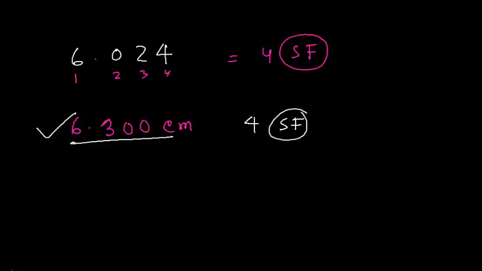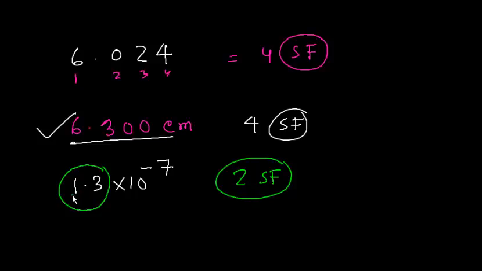Now let me give one more example. Suppose there is a power here, say 1.3 into 10 raised to the power minus 7. So it has only 2 significant figures. Only 2 significant figures here, 1 and 3.